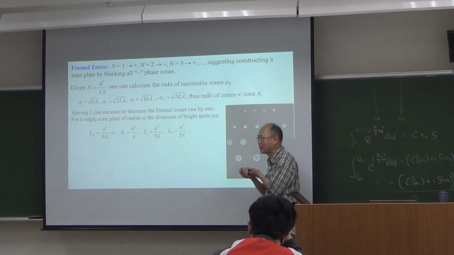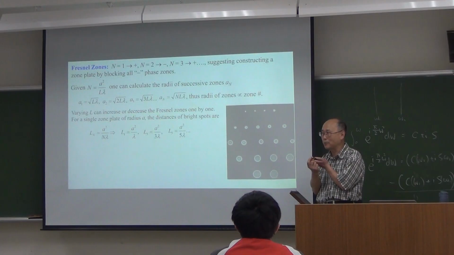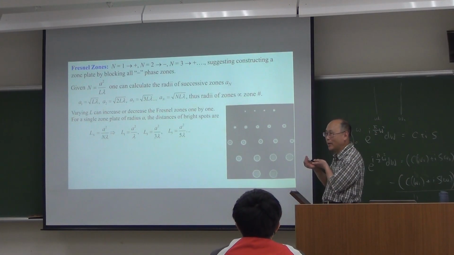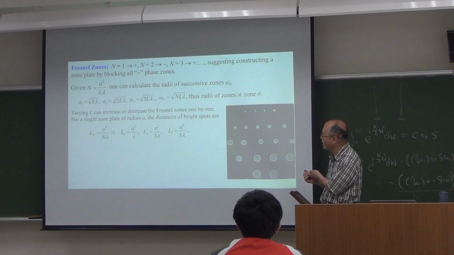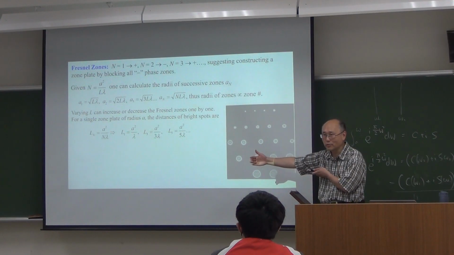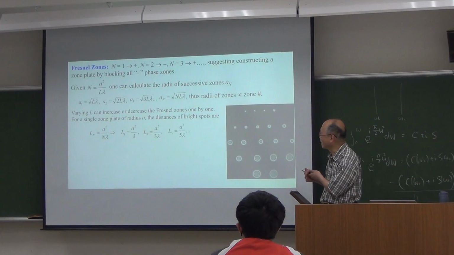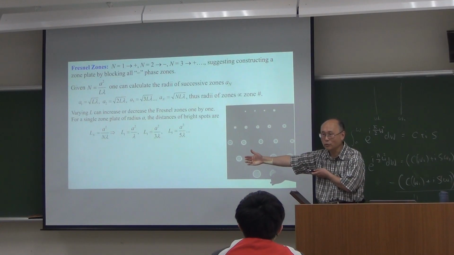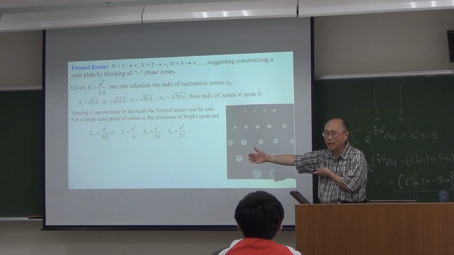For example, I have the laser coming out from this aperture. So this aperture area is a constant, and then you allow this L to be a variable, and then for different L, you're going to have different Fourier zones. Okay, and with different Fourier zones, you'll be seeing constructive interference or destructive interference.